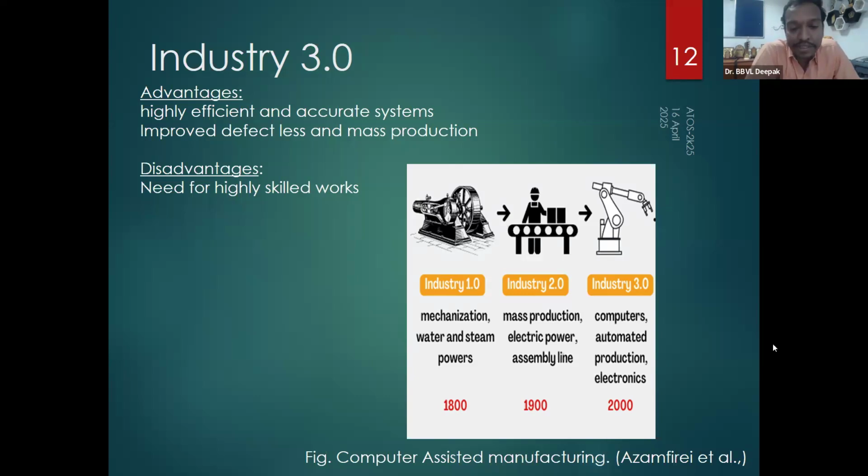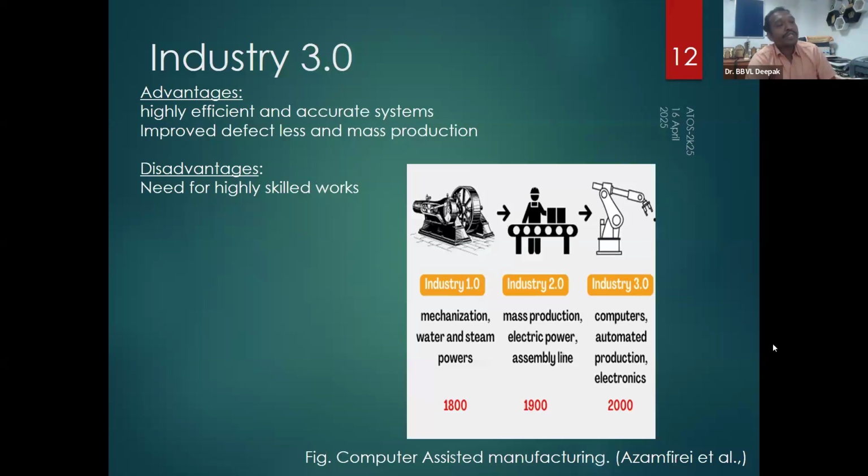Suppose if one CNC system is there, the worker should be very proficient in using CNC, otherwise he cannot use that, right? The same way the robot also cannot work without a good programmer, or one who has knowledge of the actuators, sensors and all.